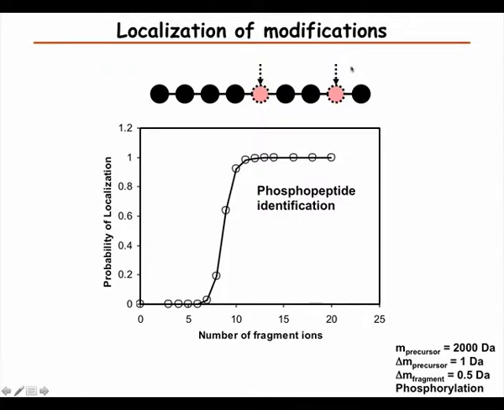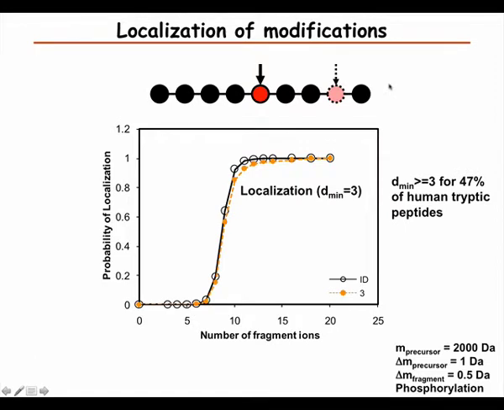Now if we look at localization, and first see if the distance between the 2 possible sites is 3 or larger, in this case equal to 3, we see that that's far enough that we usually succeed with localizing. If we succeed to identify it, we also succeed to localize it.